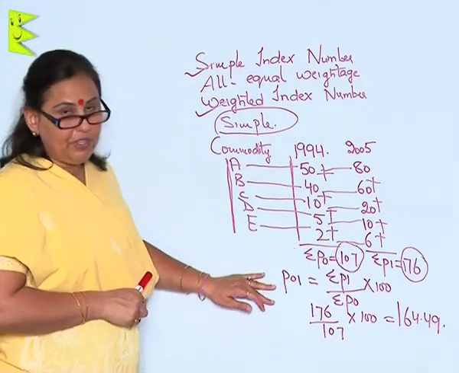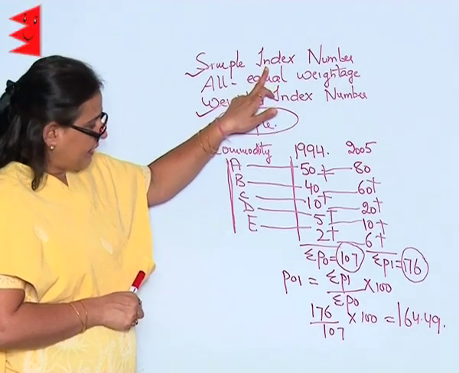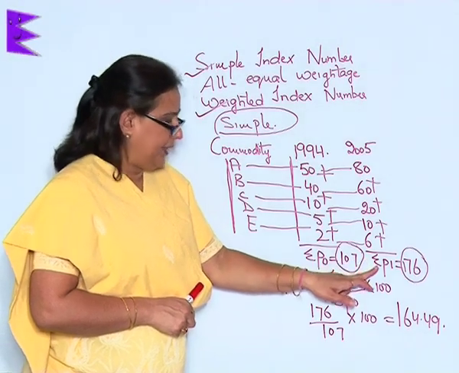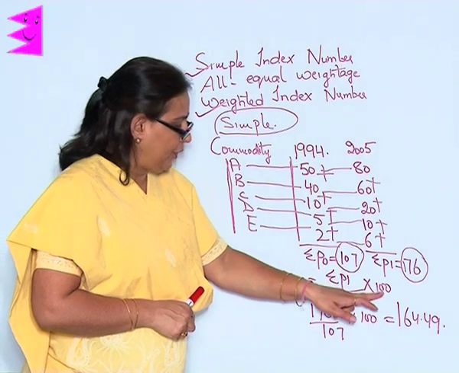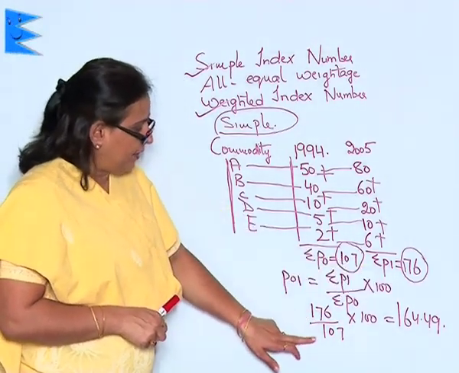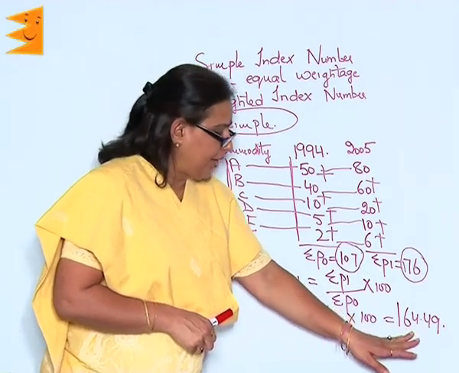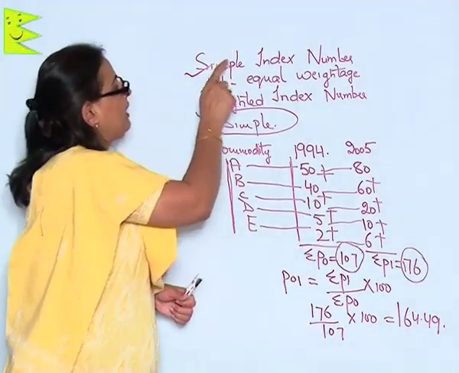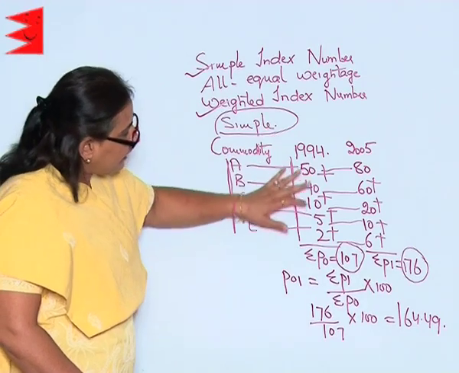The formula which has to be applied for the simple index number is sigma of the current year upon sigma of the base year into 100, which is 176 upon 107 into 100, giving me 164.49.